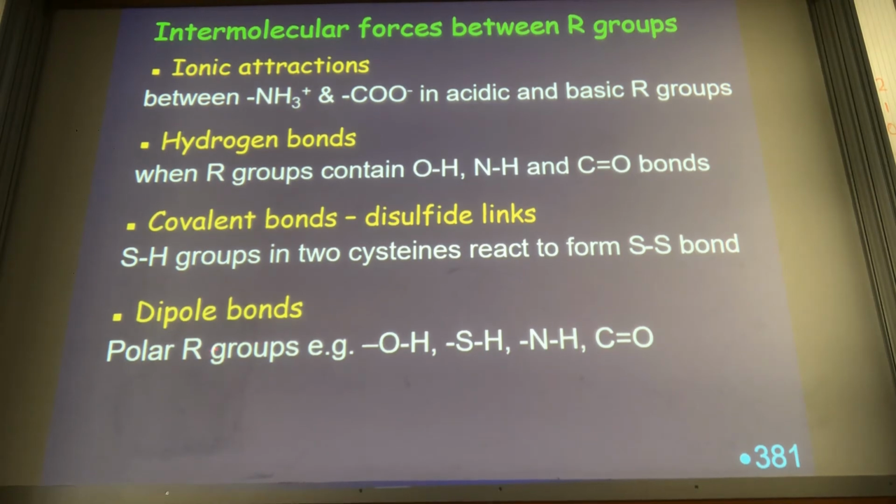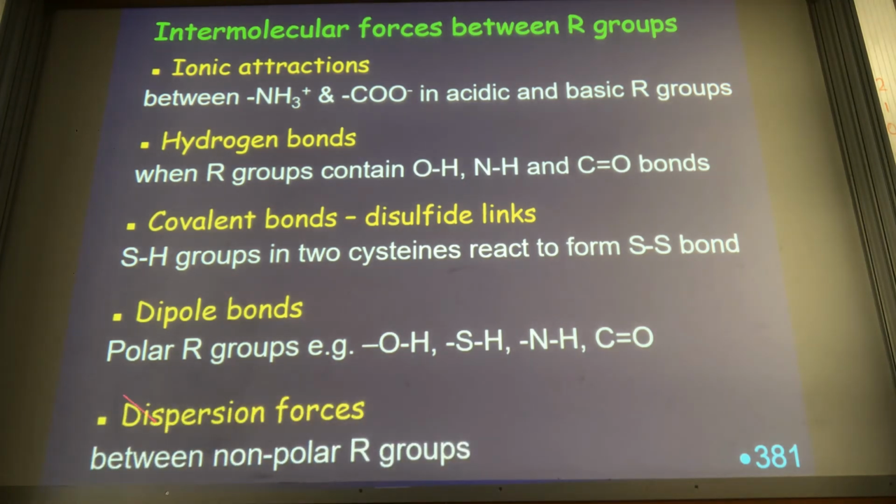Polar side chains, of course, will interact via dipole bonding. And as I say, dispersion forces are still going to operate between non-polar R groups.